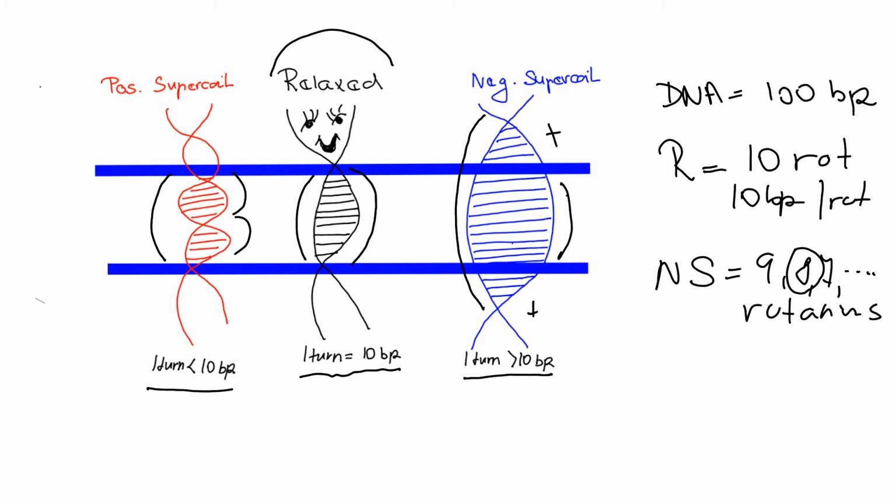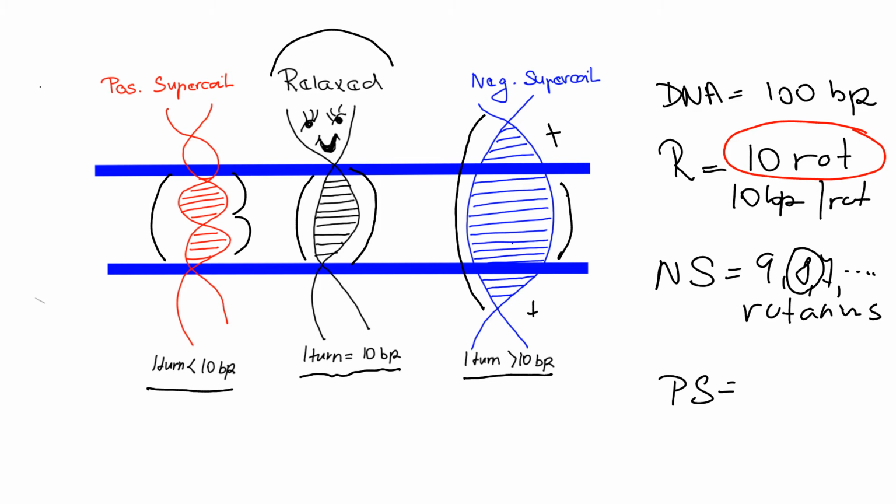If you have positively supercoiled DNA, you introduce more than 10 rotations. Here I want to point at the number 10. This is the base you take when you compare negatively and positively supercoiled DNA. So if you have positively supercoiled DNA, you will introduce more than 10 rotations.